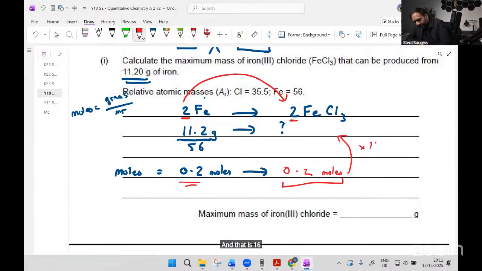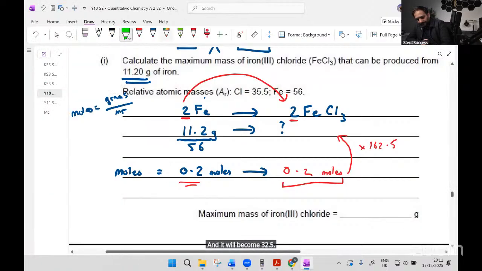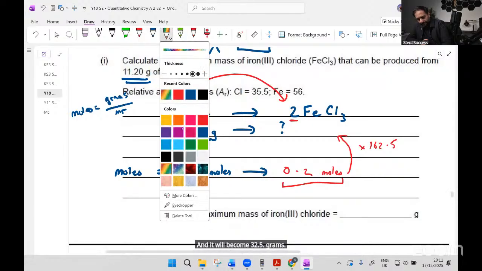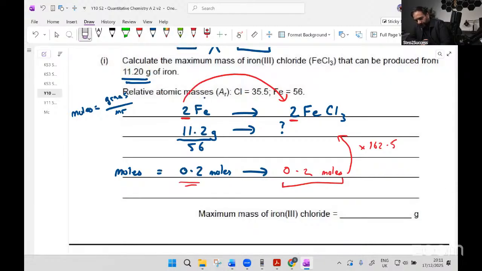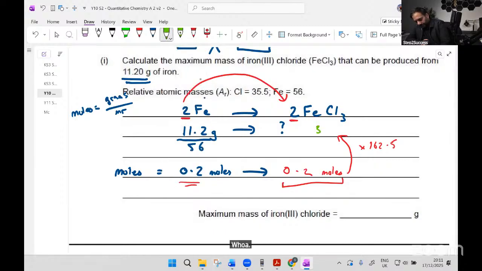So if I times this by 162.5, I will turn this back into grams, and it will become 32.5 grams. That is the answer to this question.